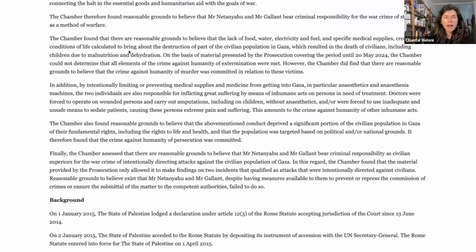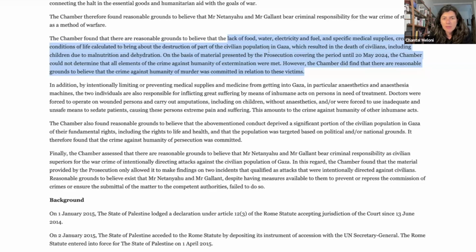The chamber found that there are reasonable grounds to believe that the lack of food, water, electricity, and fuel, and specific medical supplies created conditions of life calculated to bring about the destruction of part of the civilian population of Gaza, which resulted in the death of civilians, including children, due to malnutrition and dehydration.